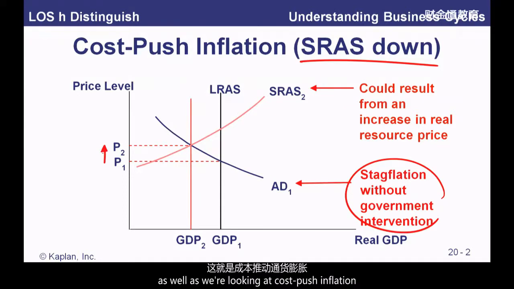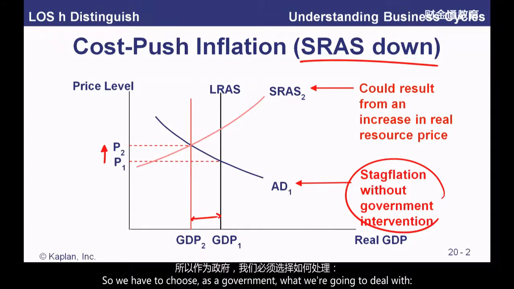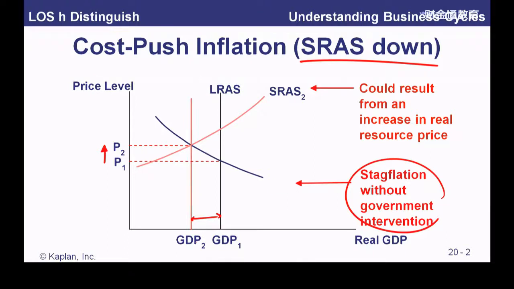That's the point of this LOS. We're looking at cost push inflation. But the real bad news, we also have an output gap and unemployment. So we have to choose as a government what we're going to deal with. Will we try and deal with inflation or will we try and deal with unemployment?